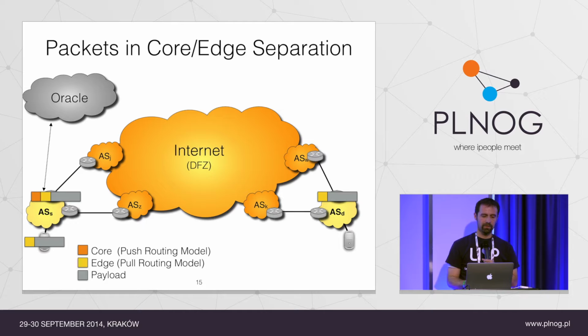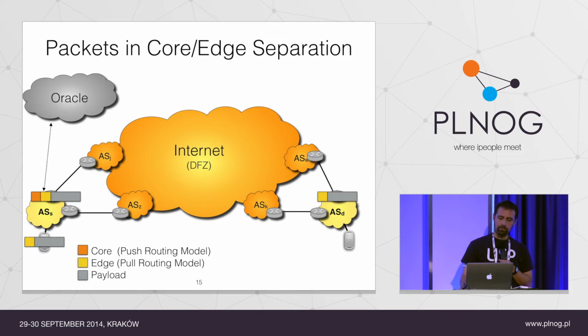Then let's say that we are able to ask an oracle what is the path inside the core in order to reach the other side, because the core is not aware of the edge. And the oracle has the right answer, as always. So we put some more information in the packet, and we are able to route the packet to the other side, right? There, we can strip down what we don't need and route our packet again in the local AS.